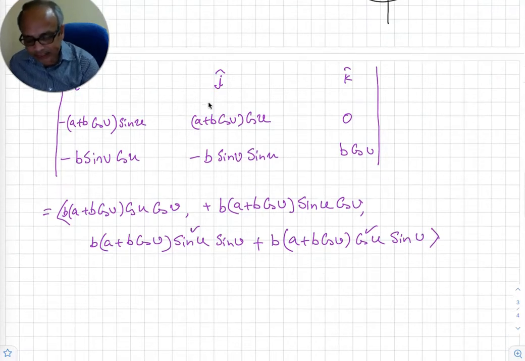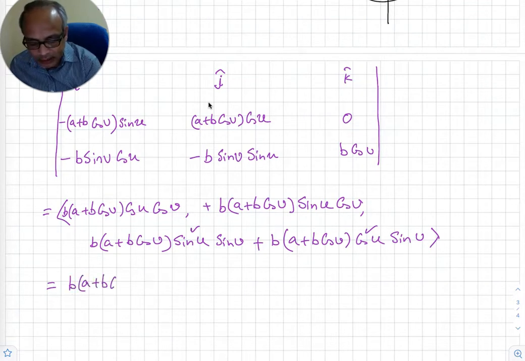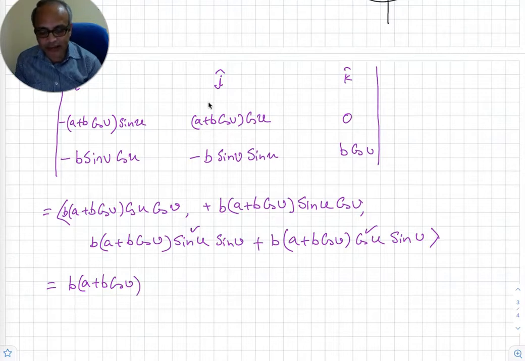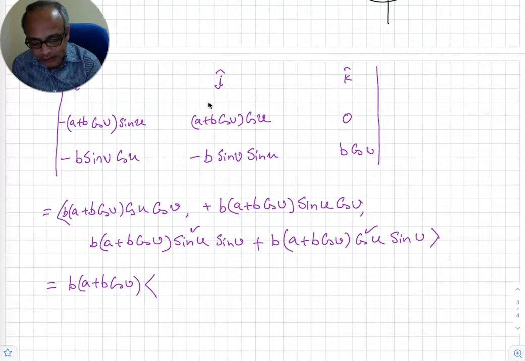And this can be simplified further. I believe b times a plus b cos v can be taken out of the vector. Then the first component will be cos u cos v.